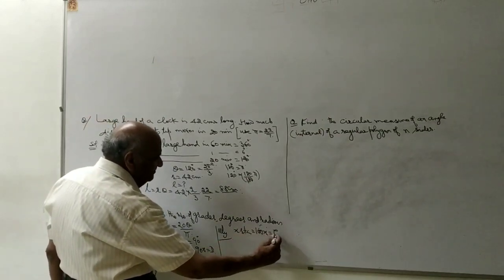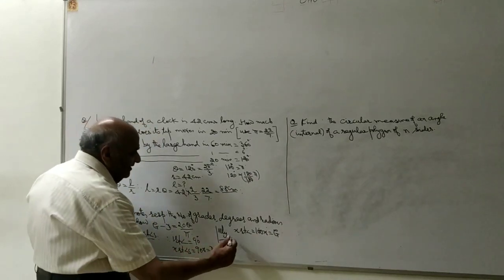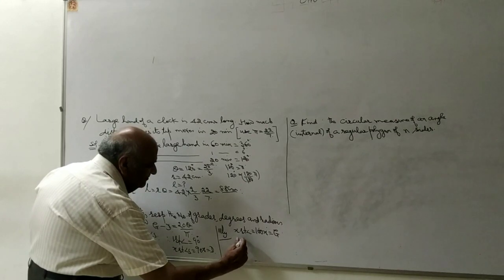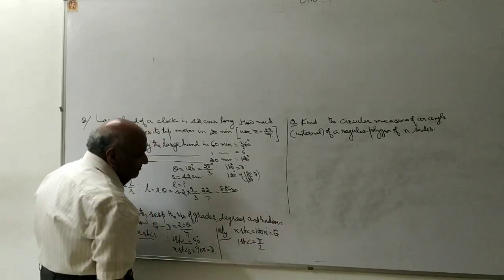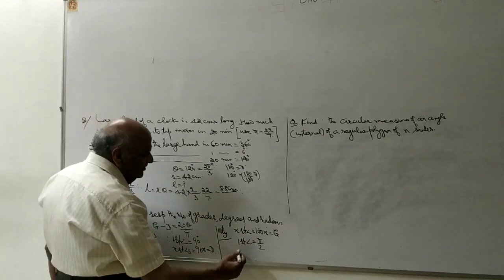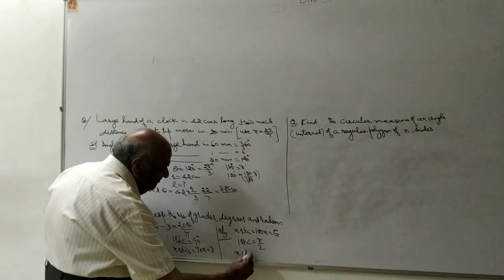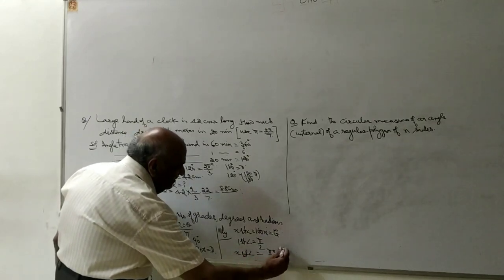And now, in the case of a right angle, one right angle is equal to pi by 2, because two right angles is pi radians, so one right angle is pi by 2. X right angles is pi x upon 2. This is theta given.